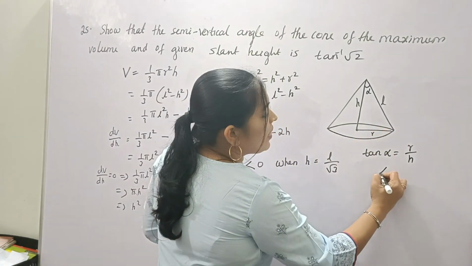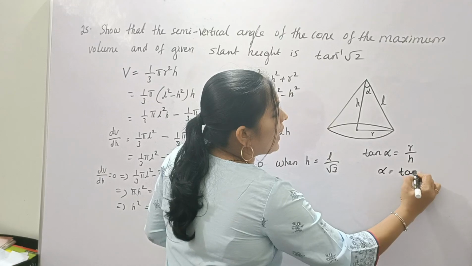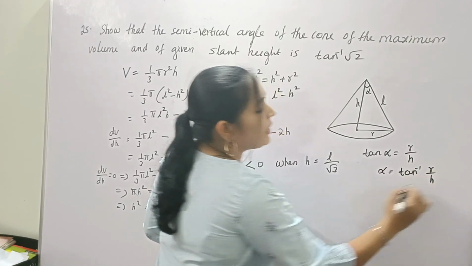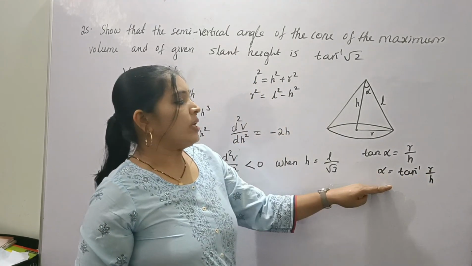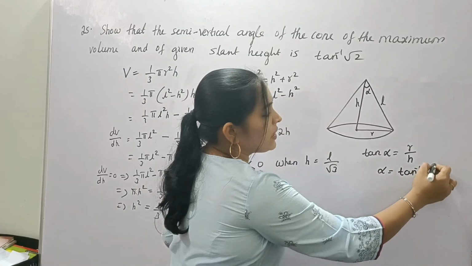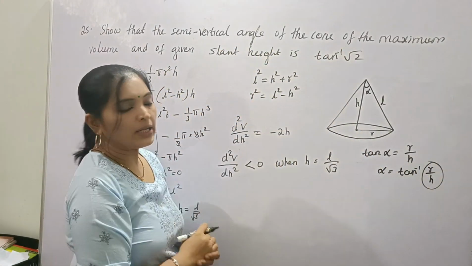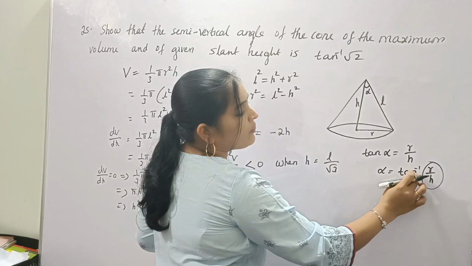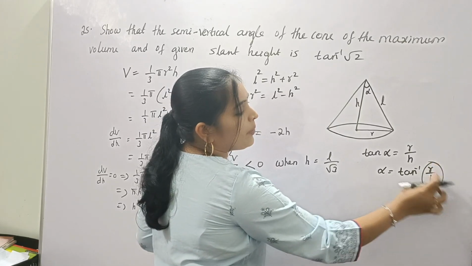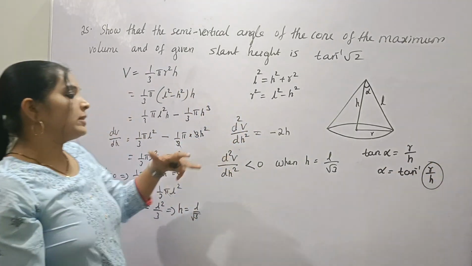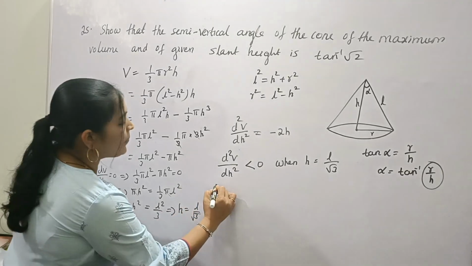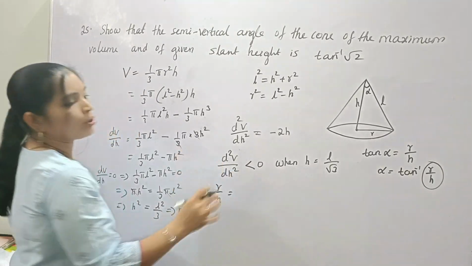So alpha is equal to tan inverse of r divided by h. Here we have to prove alpha is equal to tan inverse root 2, right? So alpha is equal to tan inverse root 2 means we have to prove r by h is equal to root 2.